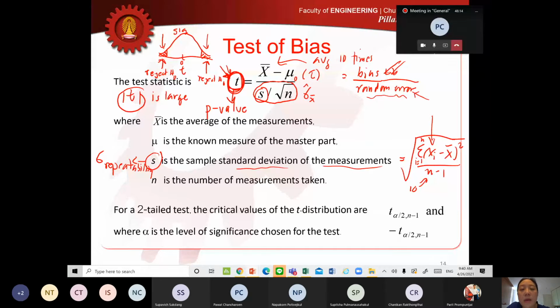And then you will compare this p-value with the significance level that I talked about before, to make a conclusion. We'll take a look at how we do this in the workshop in a minute.